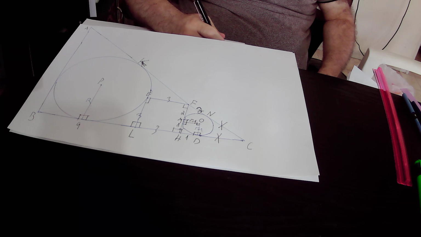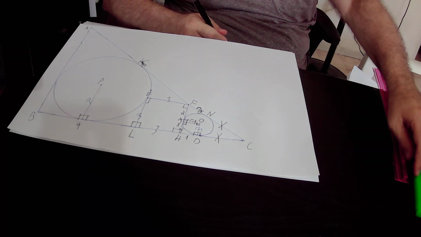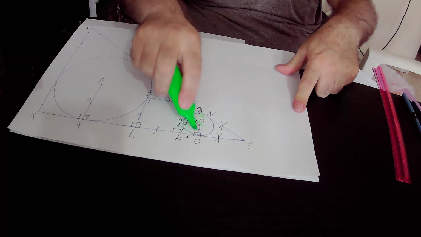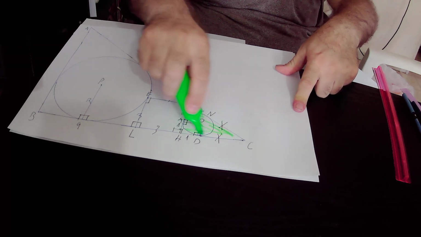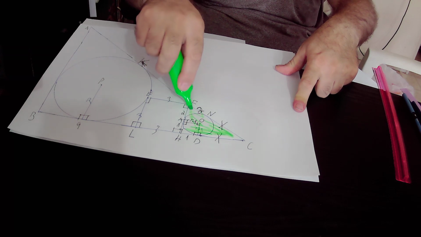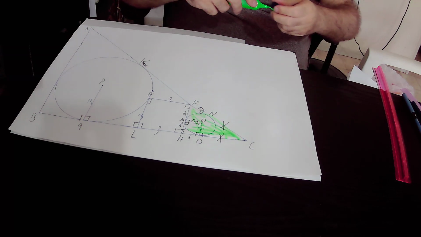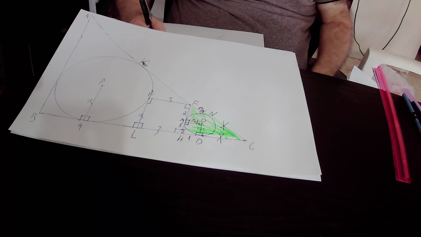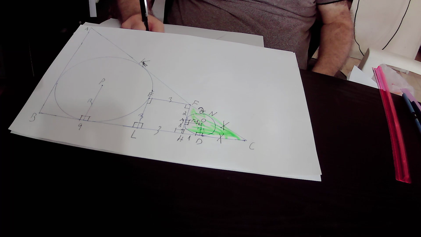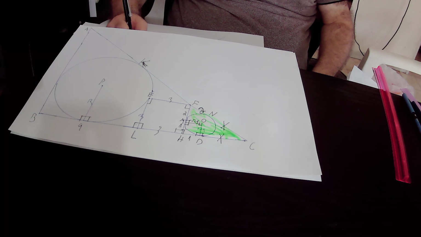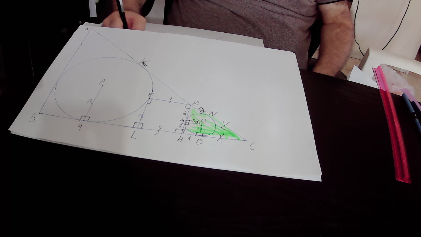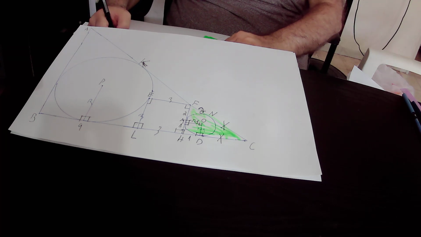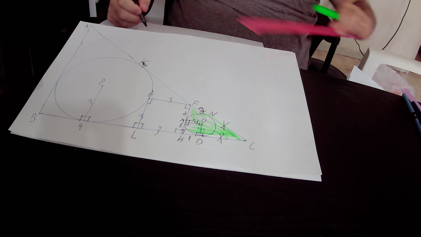Okay, so in the next step, we will implement the Pythagoras theorem on the right green triangle FHC. According to the Pythagoras theorem, the square of the hypotenuse equals the sum of the squares of the perpendiculars.